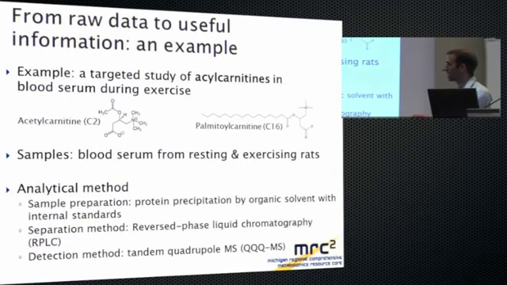So the analytical method we already touched on. What we have to select is sample preparation. In this case, we use protein precipitation by an organic solvent, which removes proteins while retaining the solubility of the polar and moderately nonpolar carnitine species. And then we'll include internal standards in that extraction solvent so that through all the steps that we carry the sample, if any matrix effects occur, or if we have loss of any particular classes of acylcarnitines, we'll be able to quantify that, and we'll be able to use it as a quality control check.